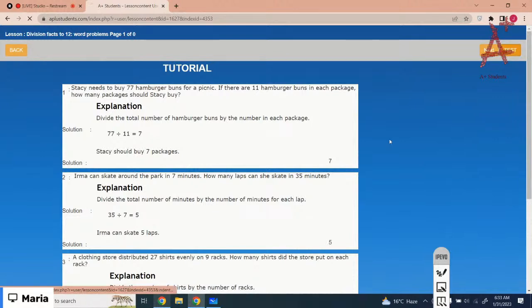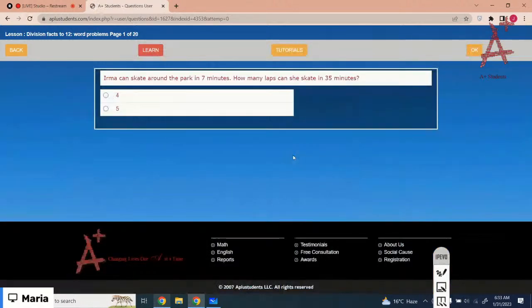Okay, let's start with the test questions. You can do the practice by yourself. They are already solved. Okay. Irma can skate around the park in 7 minutes. How many laps can she skate in 35 minutes? So basically, you have to divide 35 by 7. So 7 times what number is 35?